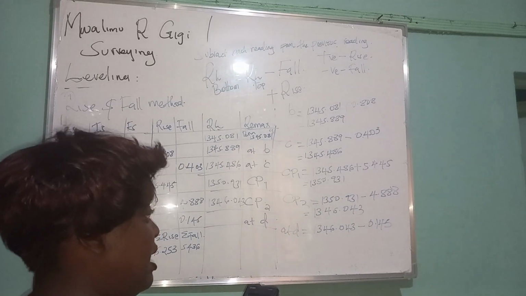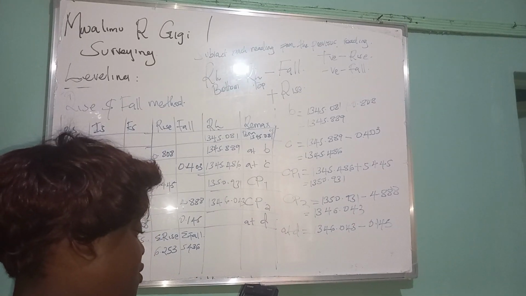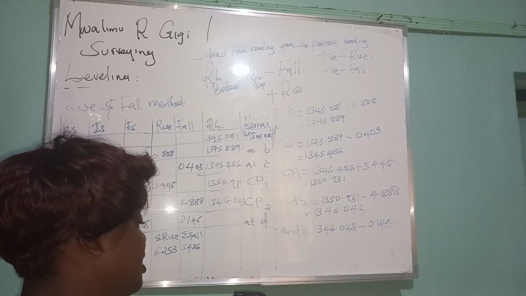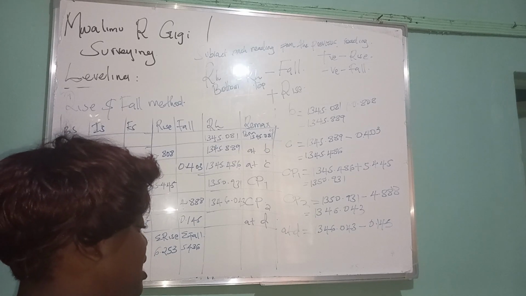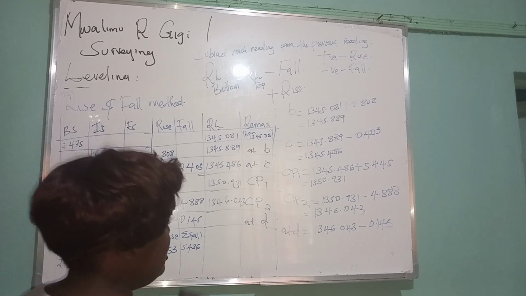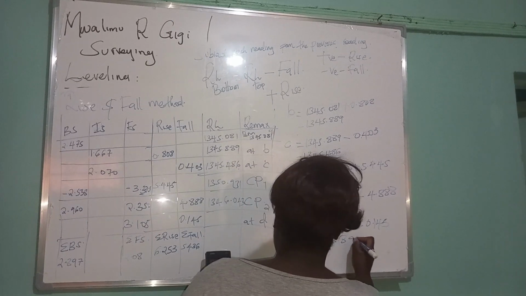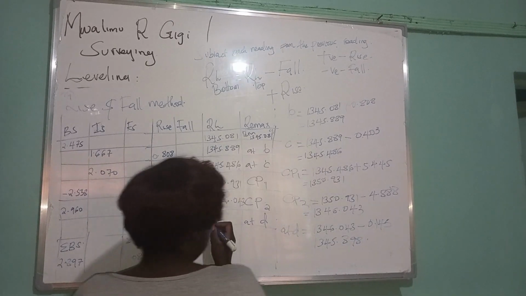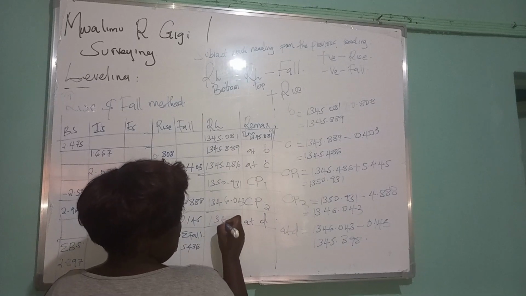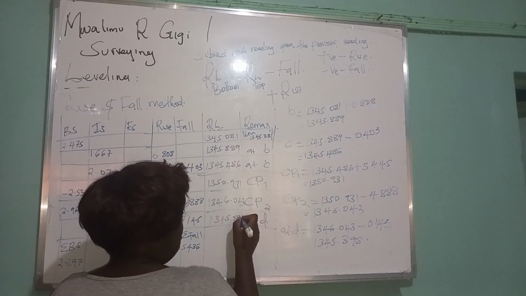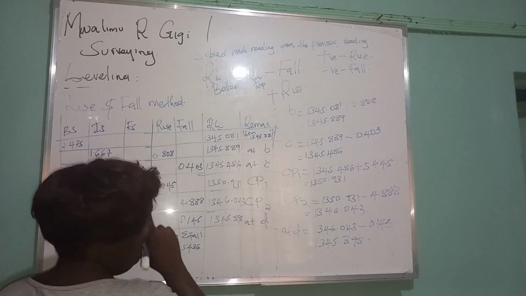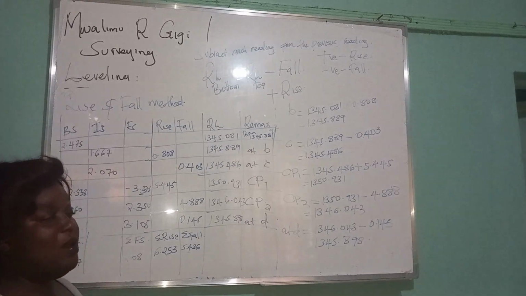So minus 0.145, which is 1345.898. So that is the reduced reading, 1345.898.